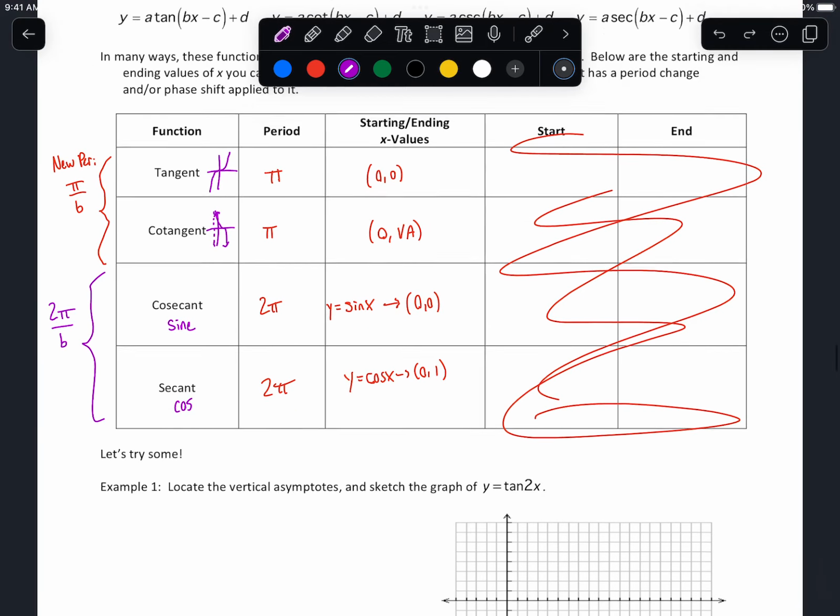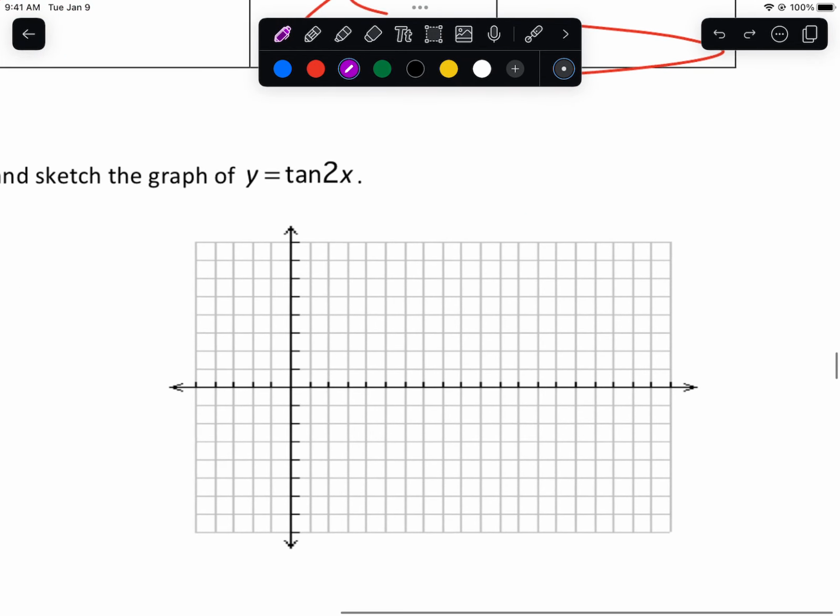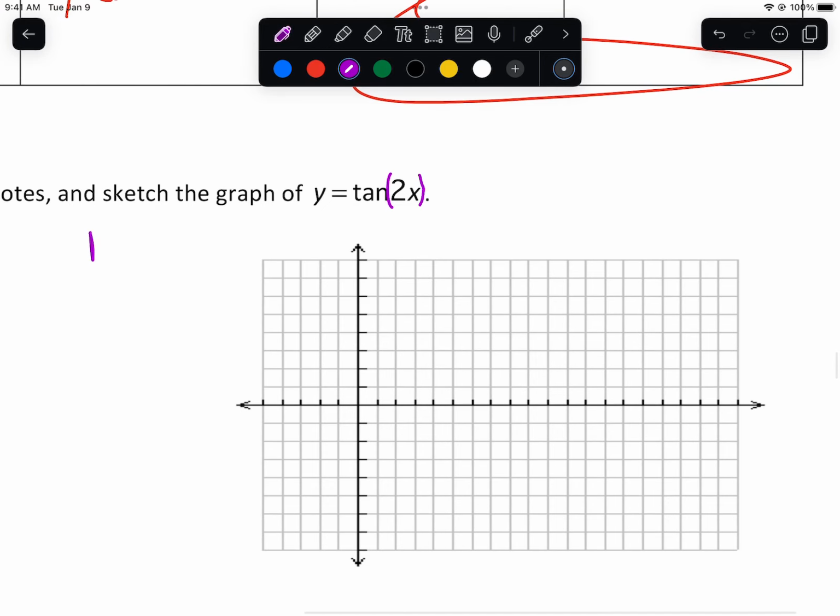So let's go ahead and start this first one here. We're going to graph tangent of 2 times x, and then we'll also find the asymptotes. With that being said, we'll figure out all the transformations. There's implied parentheses around that 2 right there. So the first thing I'm going to do is figure out the new period. The period is typically 2 pi, or I'm sorry, pi, and then we put it over the b value.